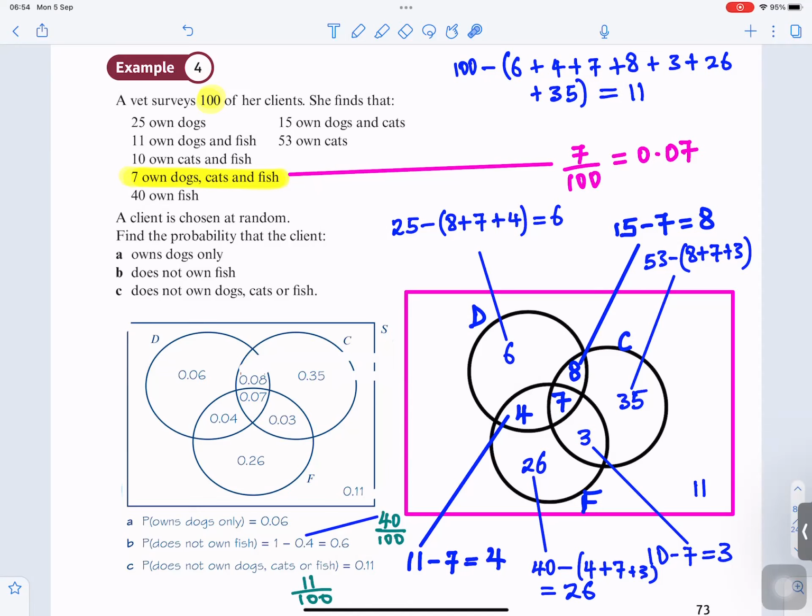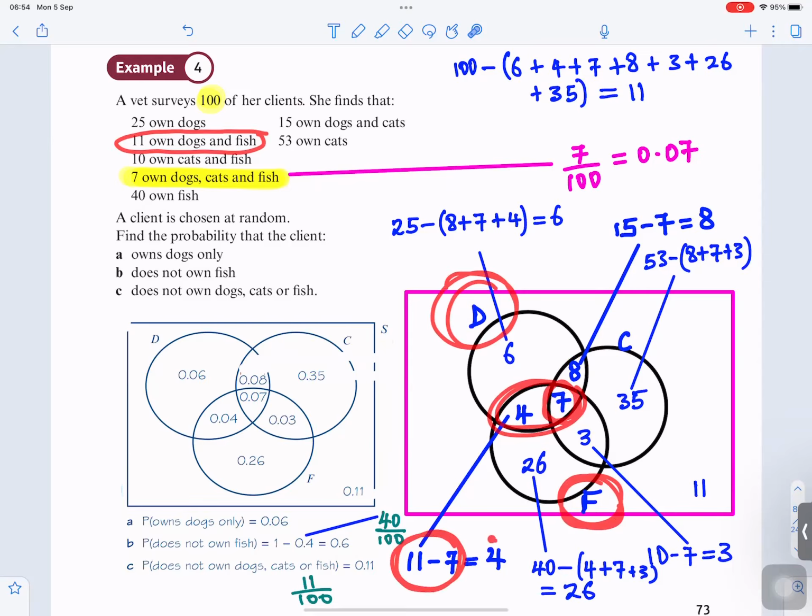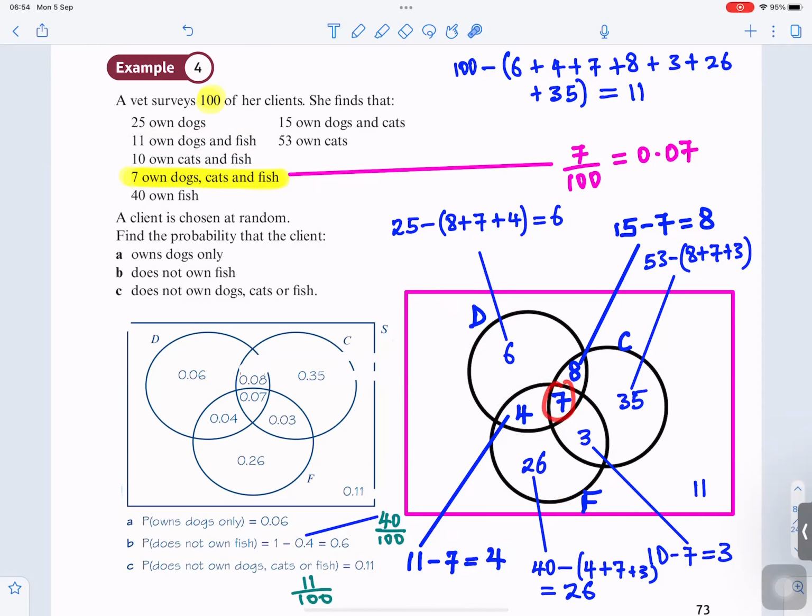And then it says 11 own dogs and fish. So between dogs and fish, this should be 11. But if we know 7 is in the middle, 11 minus 7 gives you 4.